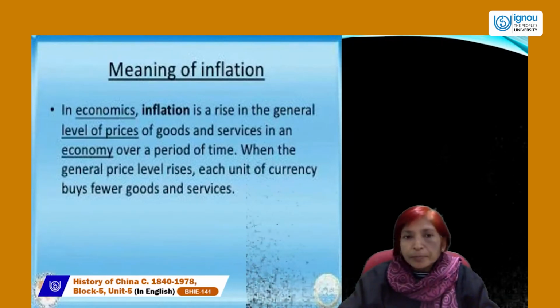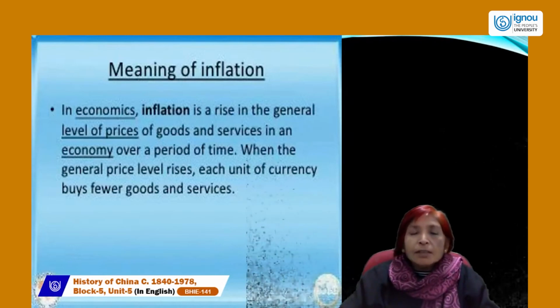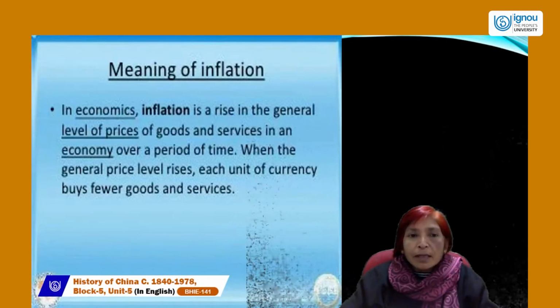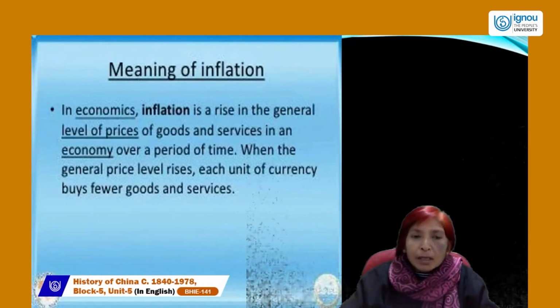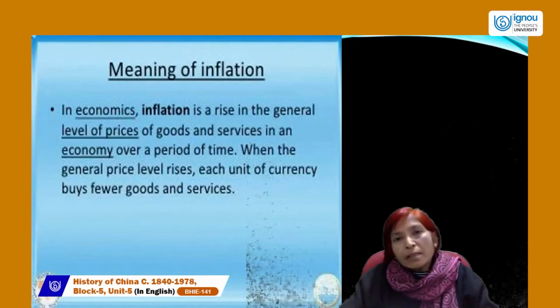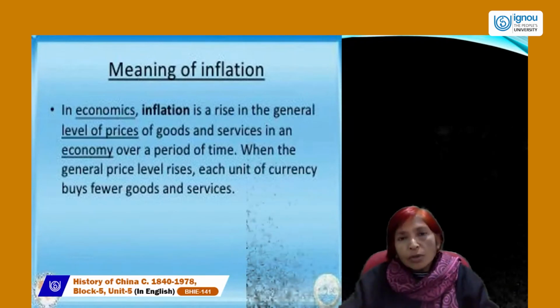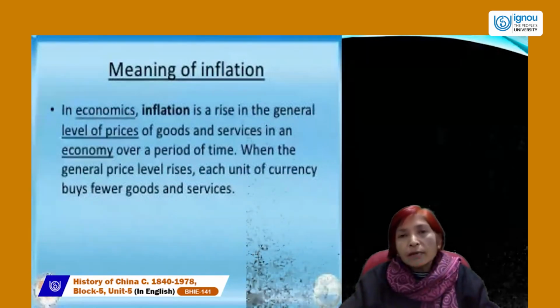So in economics, inflation is a general rise in the price level of goods and services in an accounting year or a period of time. When the general price level rises, each unit of currency buys fewer goods and services.